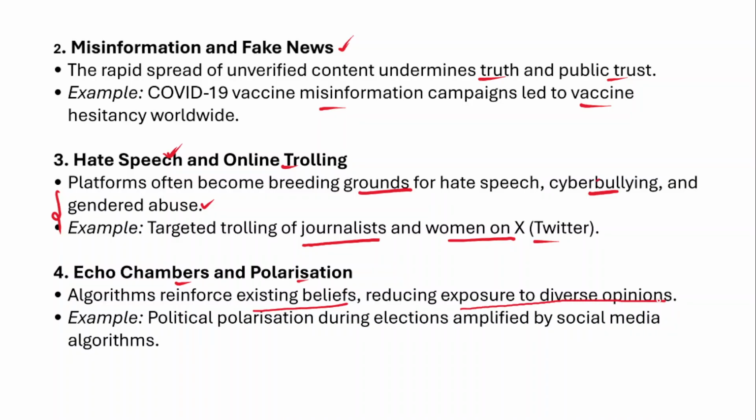Now, in any society, diverse opinions are very important, right? So when there are diverse opinions, those societies are called plural societies and healthy societies. So therefore, there is a need for diverse opinions in the societies. But existing algorithms are just reinforcing the existing beliefs, and they are preventing diverse opinions and their growth.